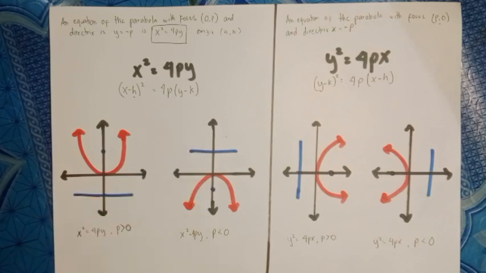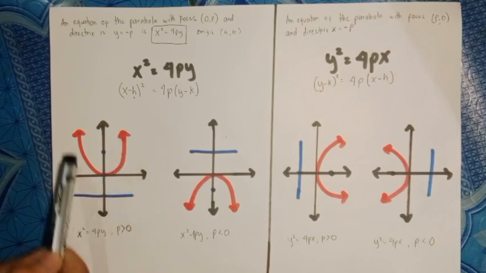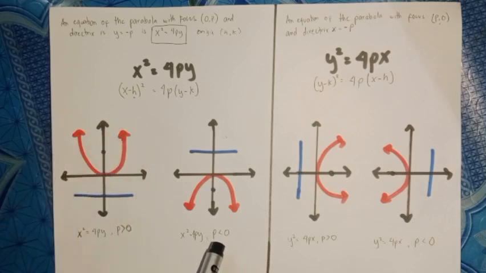Remember that (h, k) is the center. And take note that if p is greater than 0, the curve of the parabola opens upward, and if p is less than 0, the parabola opens downward.